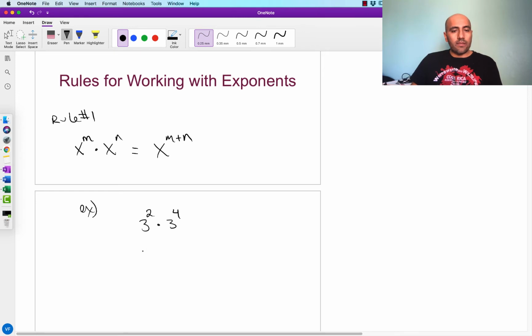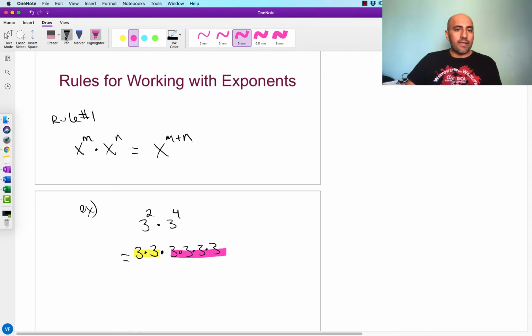Okay, this means that we multiply 3 by itself twice, so that's going to be 3 times 3, that's what this one means, times, now this one means we multiply 3 by itself 4 times, so we're going to have 3, 3, 3, 3, 4 of them, and then if we count them all, now we have 6 of them, 1, 2, 3, 4, 5, 6, right? 2 of them came from here, while the other 4 came from over here.